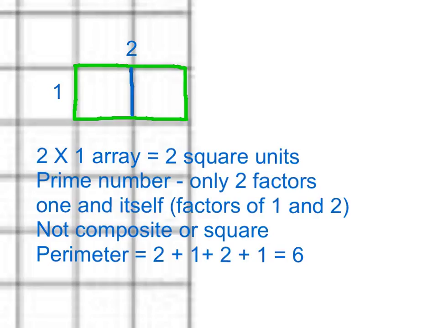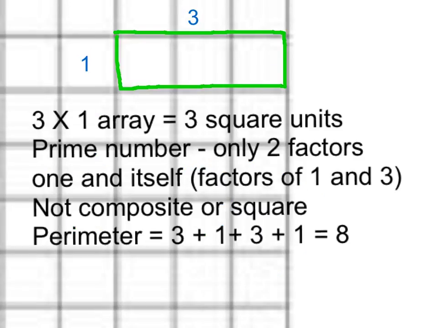To find the perimeter of this shape, I would once again pretend as though I'm walking around a park. So I'd be 1, 2, 3, 4, 5, 6. Though my 1 by 3 array makes a rectangle and not a square, we still want to make sure we notice it has 3 square units in the array.